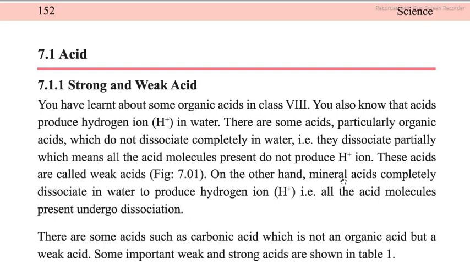Mineral acids are highly corrosive and used in the formation of electrolytic cells. So this line has been said, mineral acids completely dissociate in water to produce hydrogen ion H+, that is, all the acid molecules present undergo dissociation.